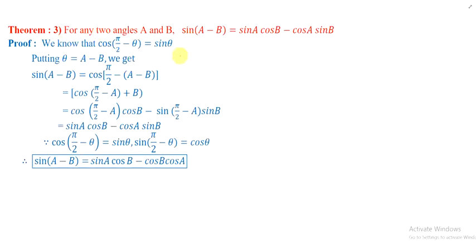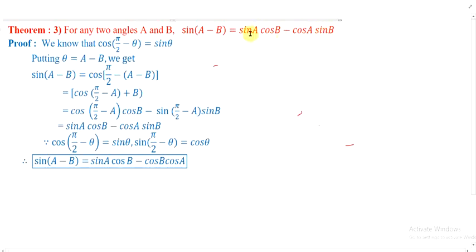A and B, sin(A−B) is equal to sin A cos B minus cos A sin B. Now see there, if you remember the previous results, in case of cos, we have the result to the RHS as cos cos sin sin.